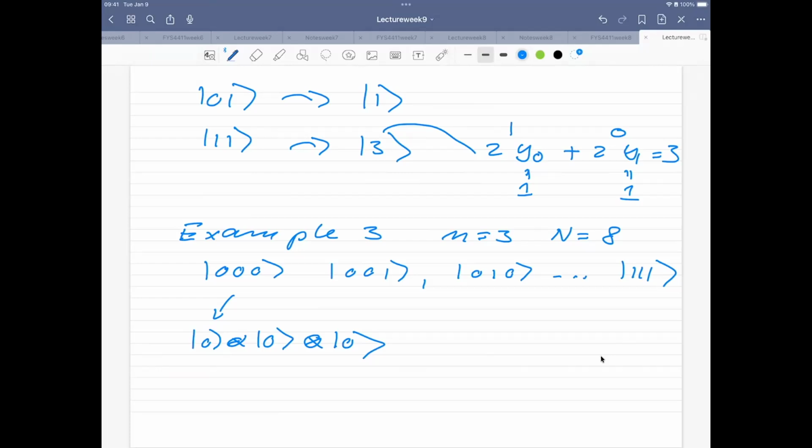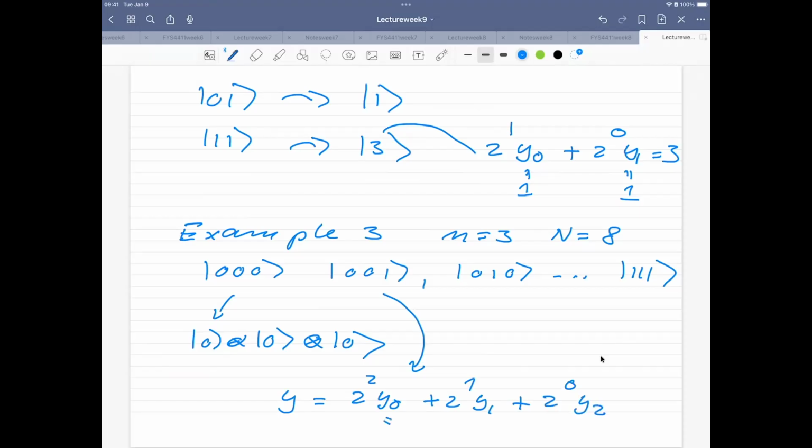And you see now immediately here, supposing I take this specific state, if this is a y we want to find, this would be 2 to the power of 2 times y0 plus 2 to the power of 1 of y1 plus 2 to the power of 0 of y2.